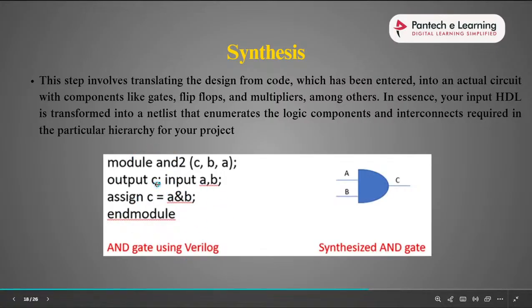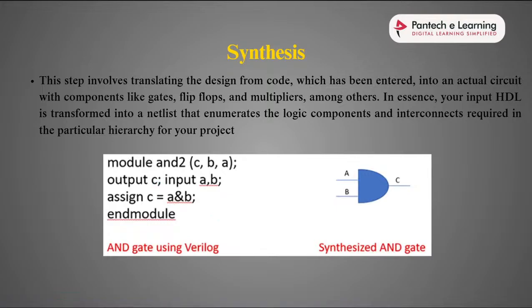So in synthesis we need to check whether my design code is fully functional and fully converts into gates. If you make some mistake in the Verilog code and the tool is not able to convert your code into gates, it's wrong.